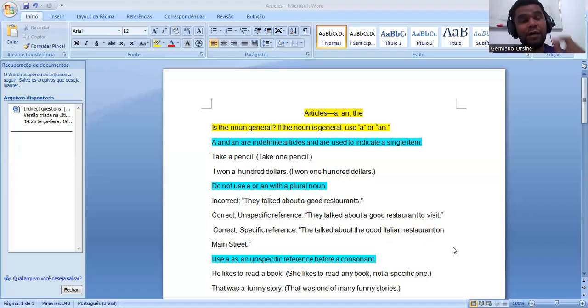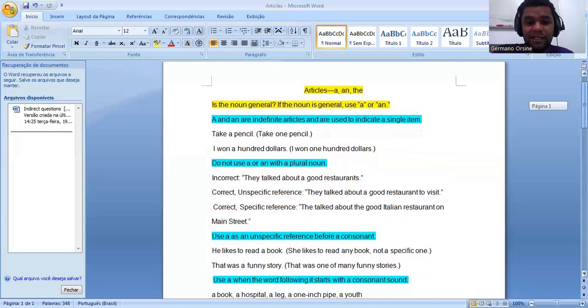That's basically the main difference between definite articles and indefinite articles. Indefinite articles are used to talk about something general, and definite articles are used to talk about something specific.